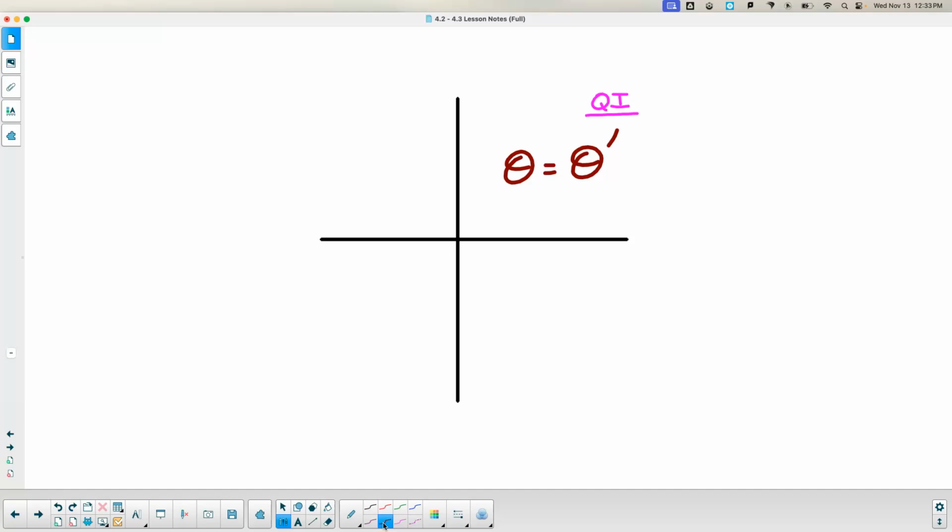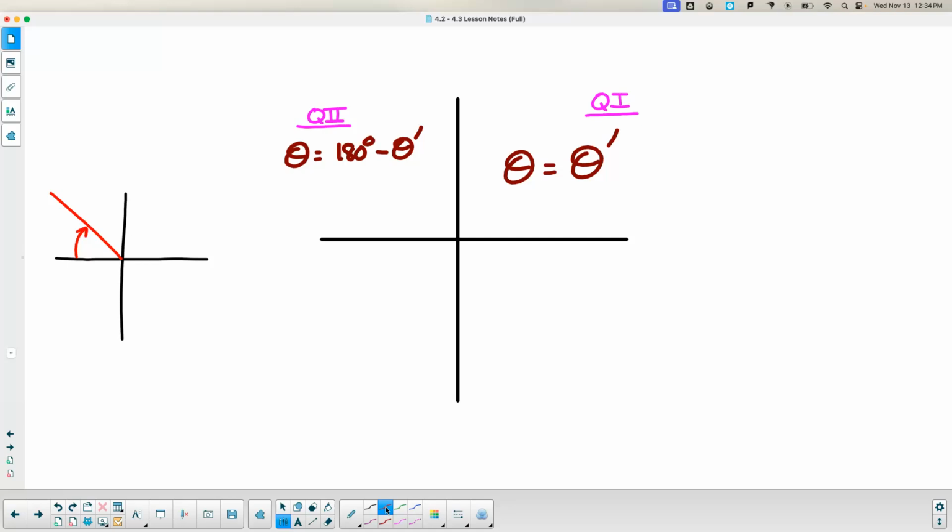Okay. When you move over here into quadrant number 2, now your actual theta is going to be 180 degrees minus your reference angle, because in quadrant number 2, this is your reference angle.